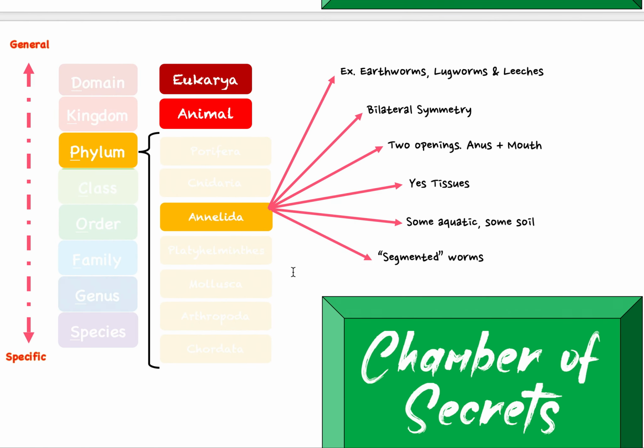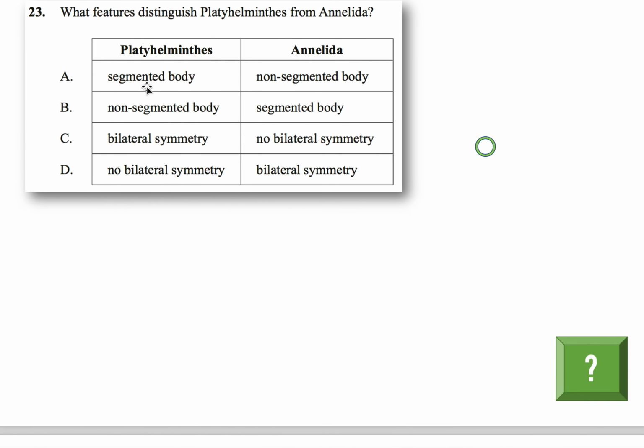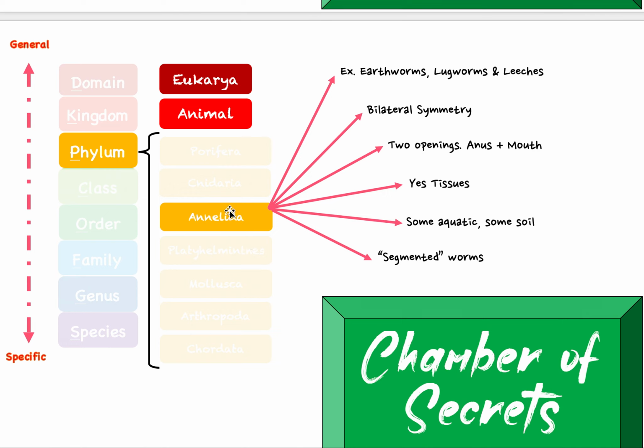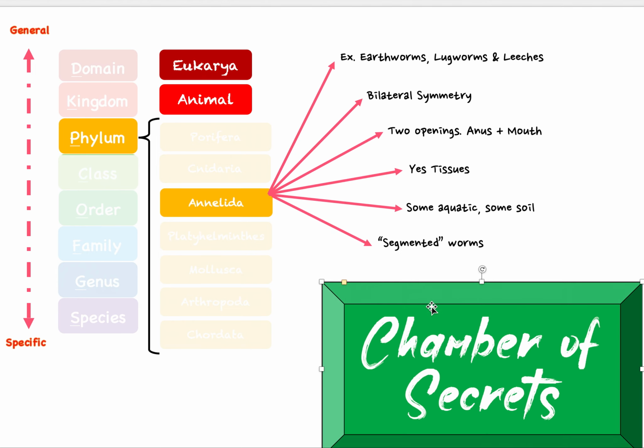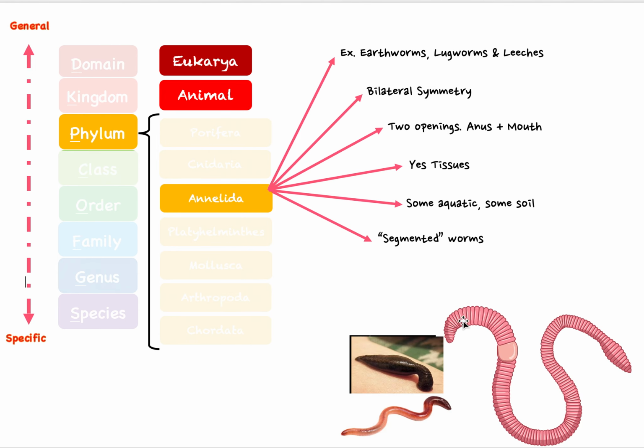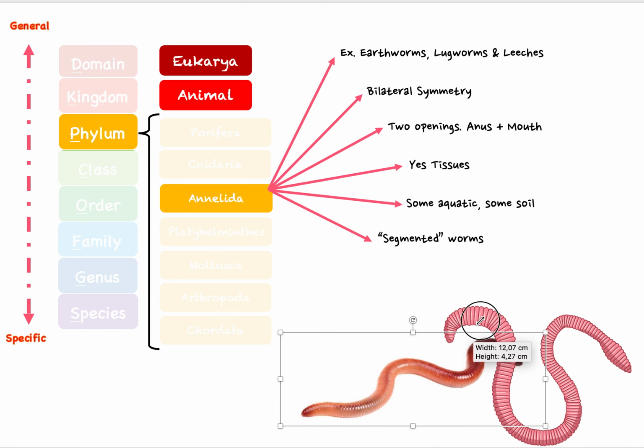So they're doing this in terms of segmented body or non-segmented body. Let's look at Annelida. Annelida is considered a segmented worm, and you'll see why, because these worms have segments on them. If you look really closely, you can see that they are made of little segments.